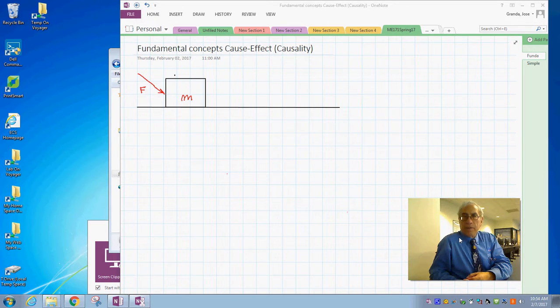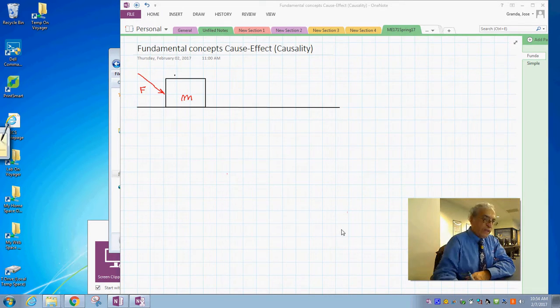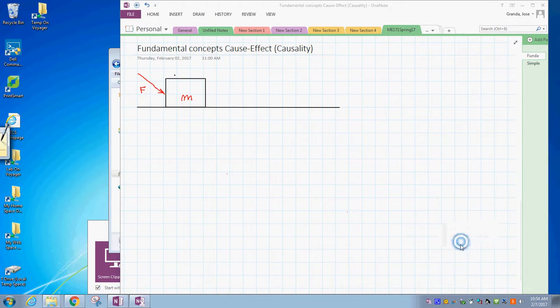We need those concepts to be able to understand the constitutive equations of individual elements. So let's consider the example we have on the screen and analyze it in more detail. In here we have this mass, and then we have the force that you see here.